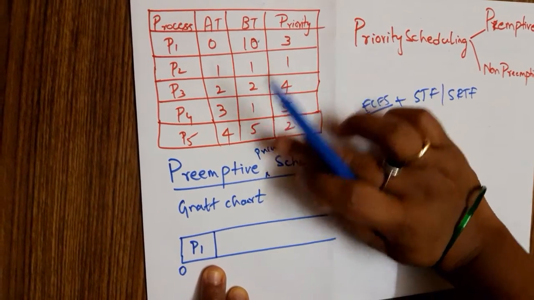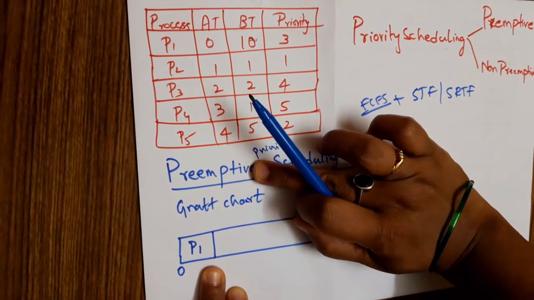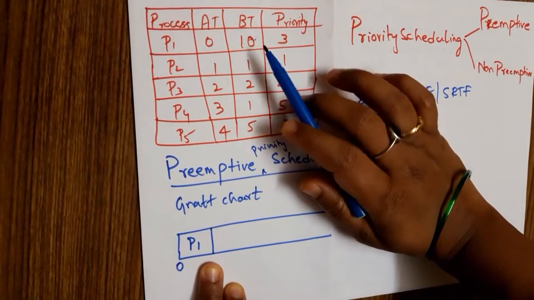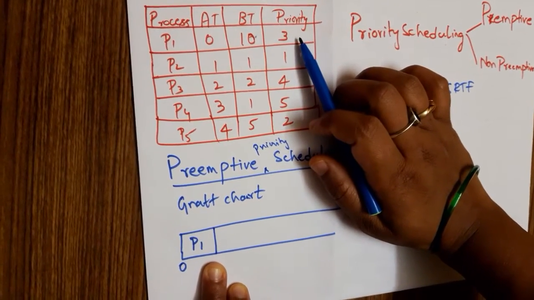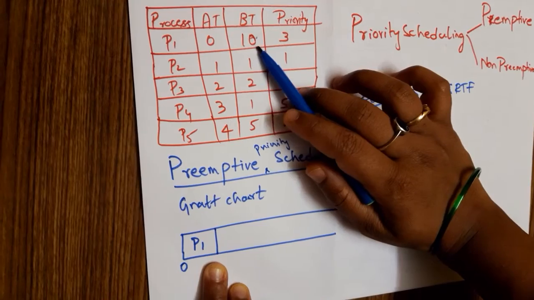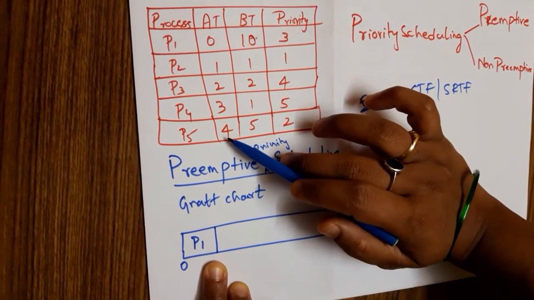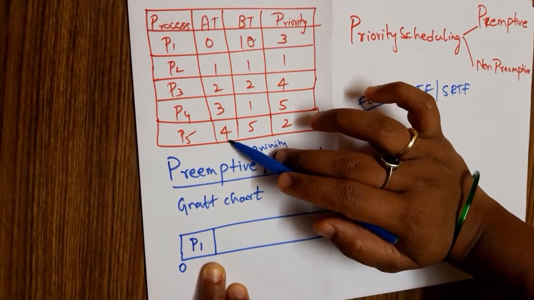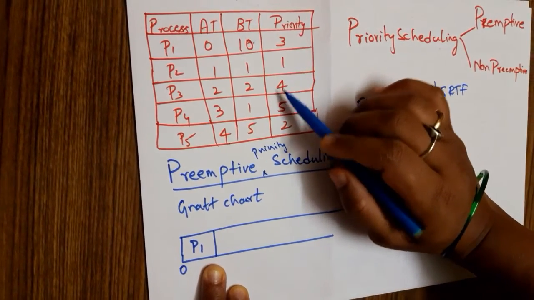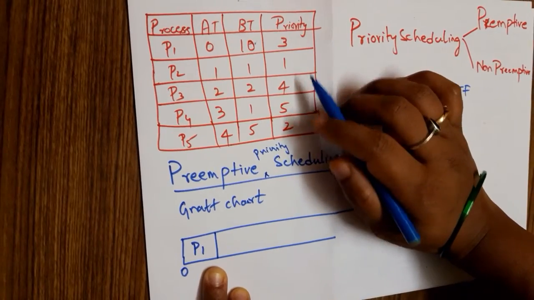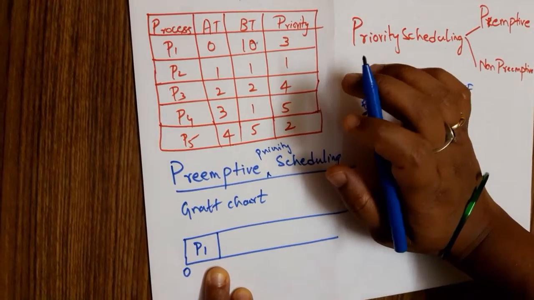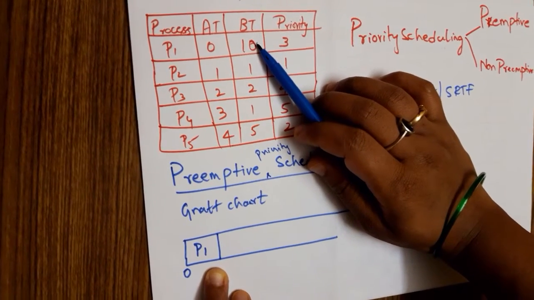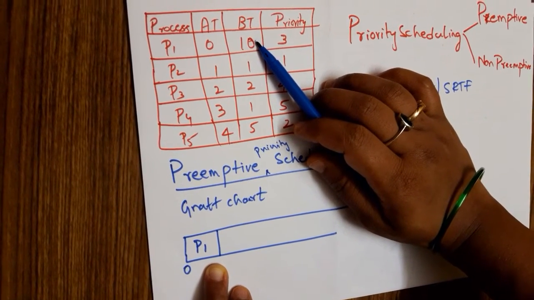Now, since it is a preemptive priority scheduling algorithm, I need to see whether within 10 milliseconds any other processes are coming into the CPU. If those processes are coming, then I need to check the priority also. I know that the time required for process P1 is 10 milliseconds.